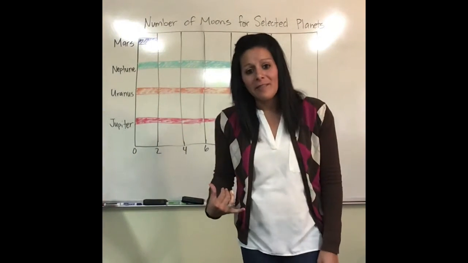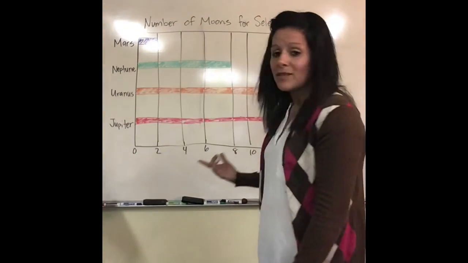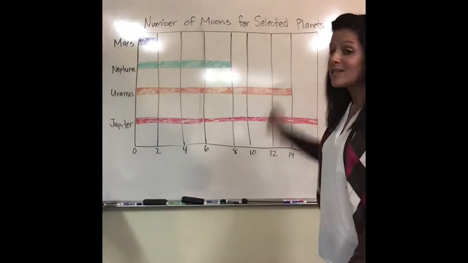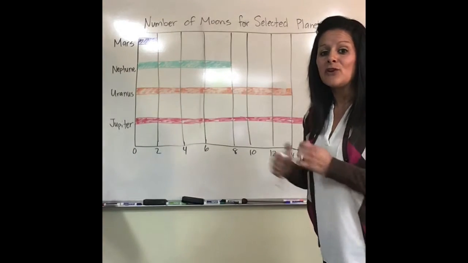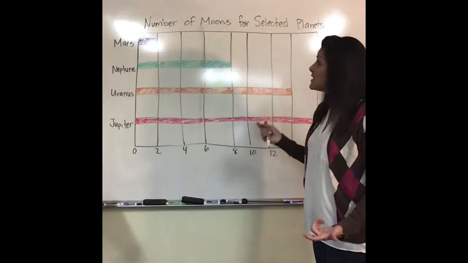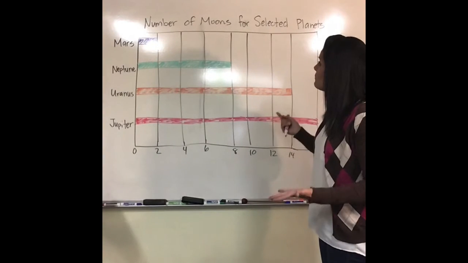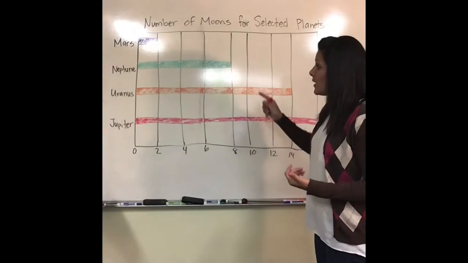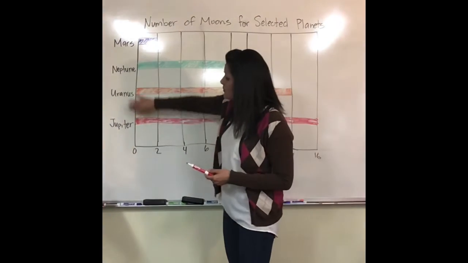So I made the graph on the back here on the board, and this graph is just like the one in your book. So first of all, there has to be a title, okay? So the title on this is number of moons for selected planets, okay? And then over here we have 1, 2, 3 planets.